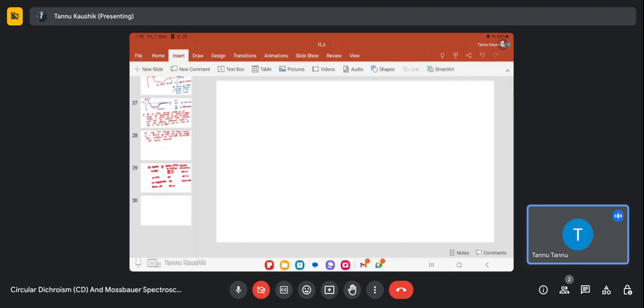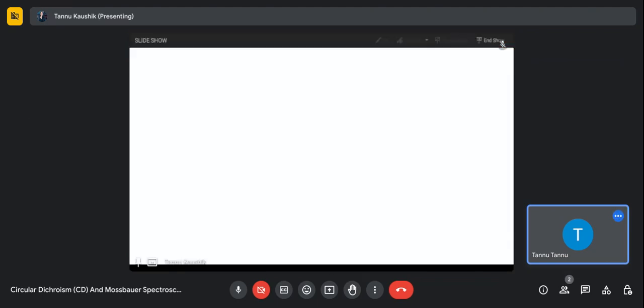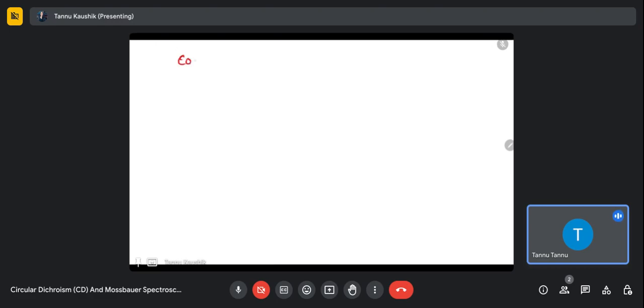So these slides which I'm writing right now are very important. So you can follow these with priority. For example, if I write the conformation, then the molecular shape with respect to it, and the CD spectrum we obtain for it.